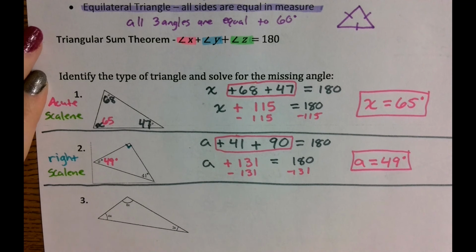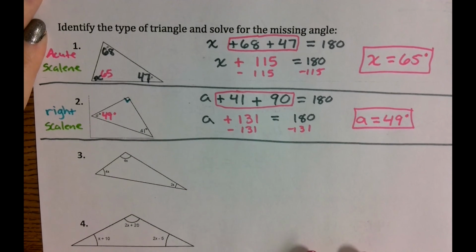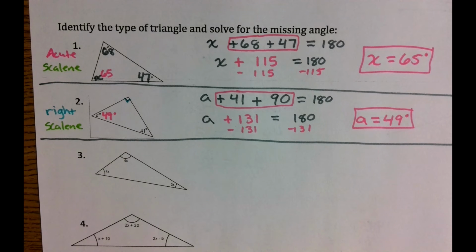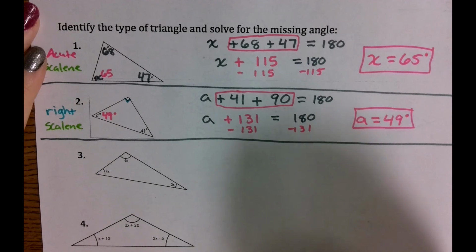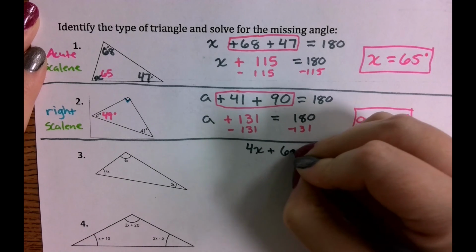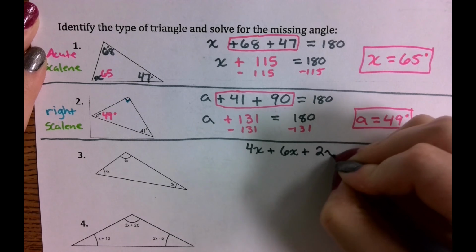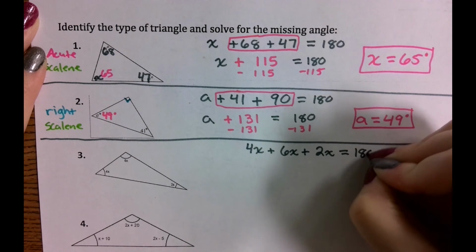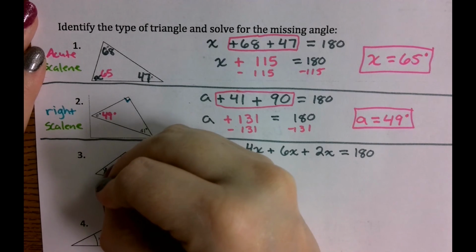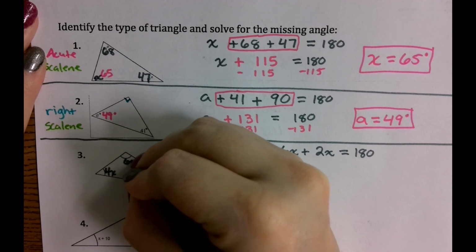All right, number 3 is a little bit different because we don't have a measurement for any of the triangles or any of the angles. They're all variables, but it's still the same process. We're going to take 4x plus 6x plus 2x and set it equal to 180. Right? We just take each of these angles. This was 4x. This one was 6x.